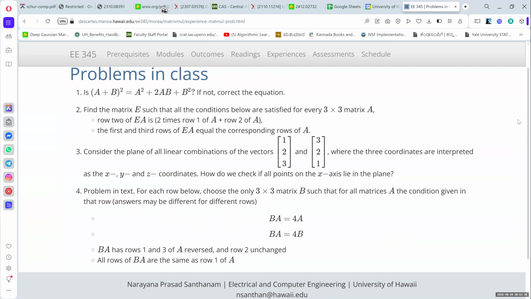So find the matrix E such that for every 3 by 3 matrix A. Okay, so the reason I'm doing it here is because I want to bring your attention to how we write math.